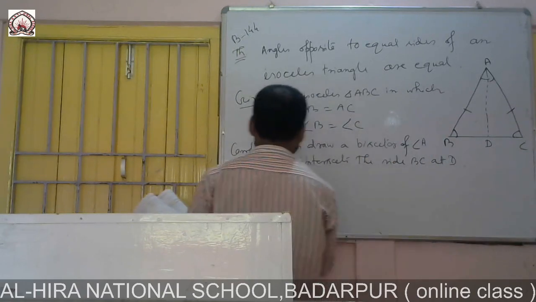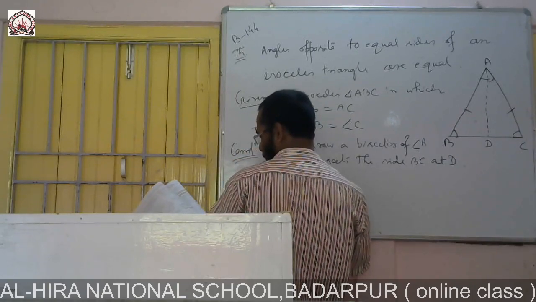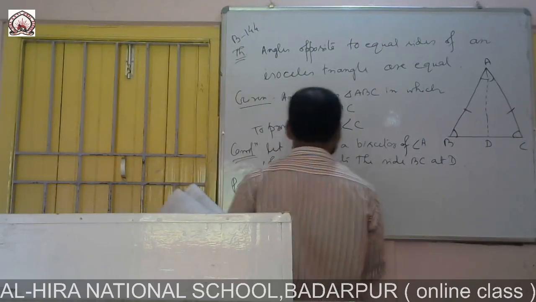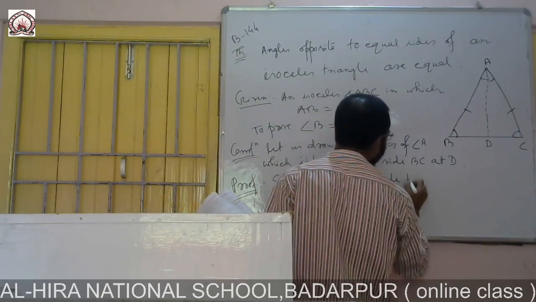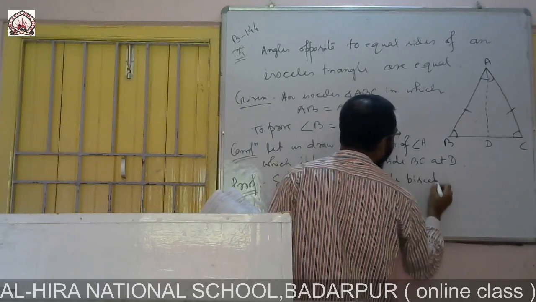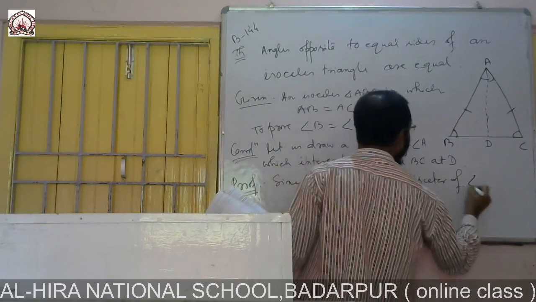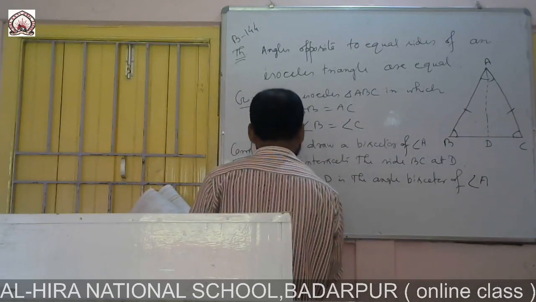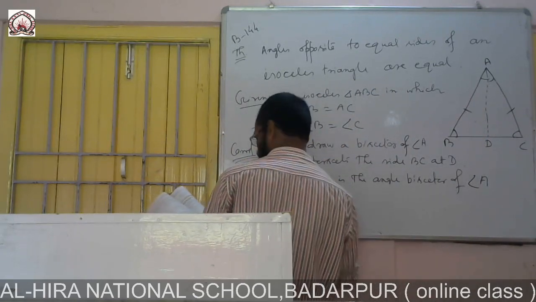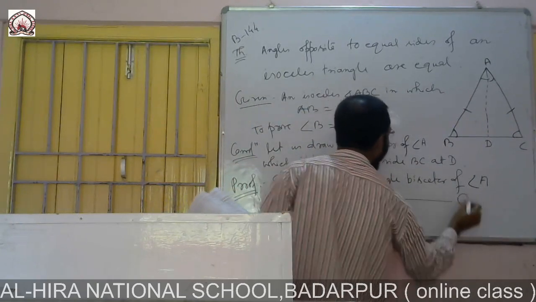Since AD is the angle bisector of angle A, angle BAD is equal to angle CAD, number 1.